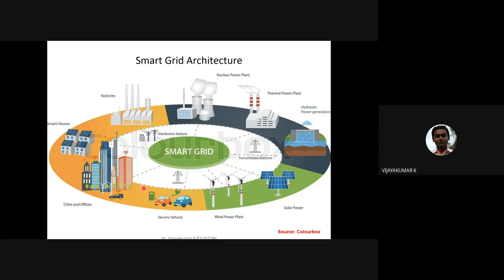Once they connect their electric vehicle to the network, you can aggregate all these electric vehicles in the buildings by using the algorithms. That will give great support to the distributed generation sources.